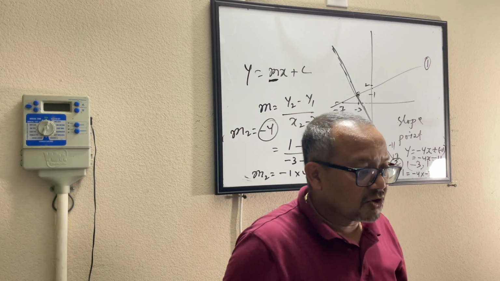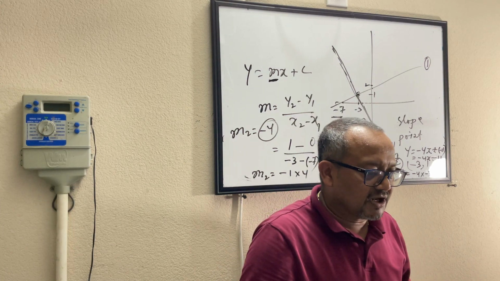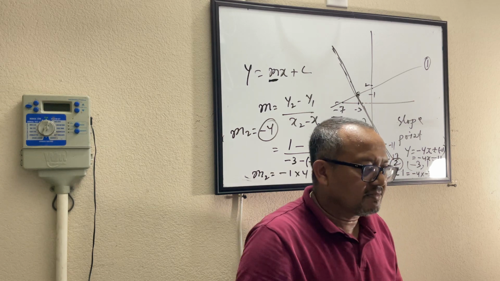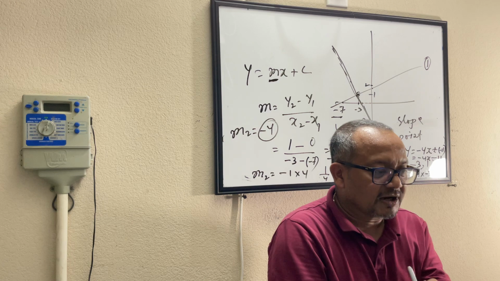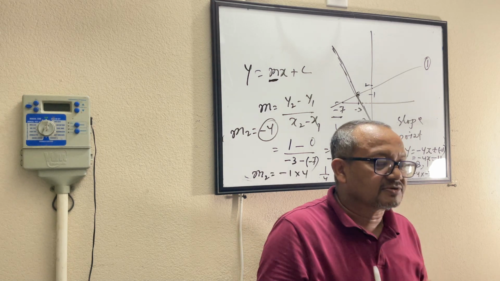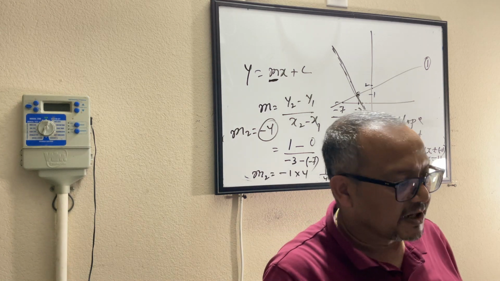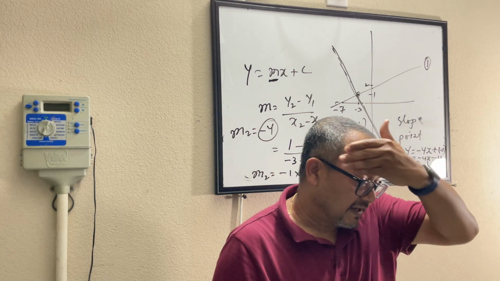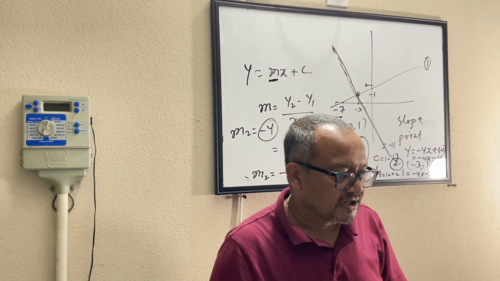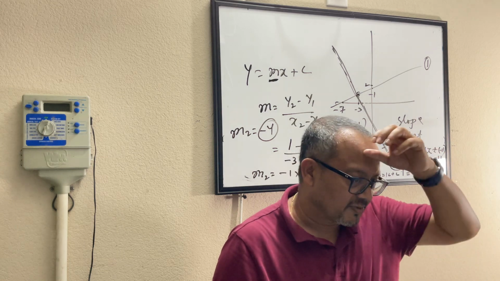So we could not go to the system of linear equations today because I wasted a lot of your time trying to prove that the multiplication of the slopes of two perpendicular lines is minus 1. I should have proved that much more quickly. Pradeep, can you open the blackboard for me?